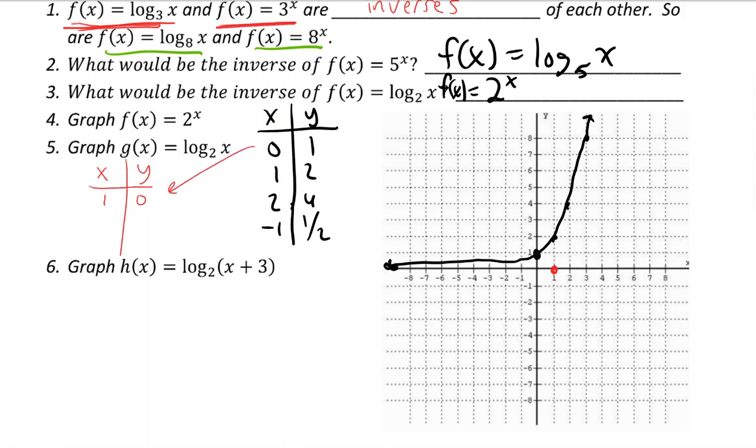If a function has a point at (1, 2), then its inverse is going to have a point at (2, 1). (2, 4) becomes (4, 2). (-1, 1/2) would become (1/2, -1). And of course you can plot more and more points. The more points you do, the quicker you're going to see it. But this is what log base 2 of x looks like.